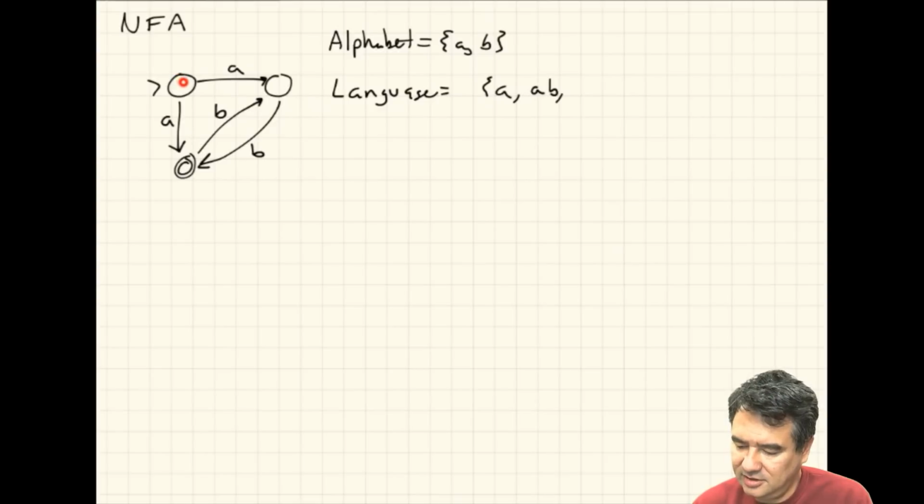Another one would be A, B, B. And another one would be A, B, B, B. Hey, you just go B, B, B, B, just circling around.